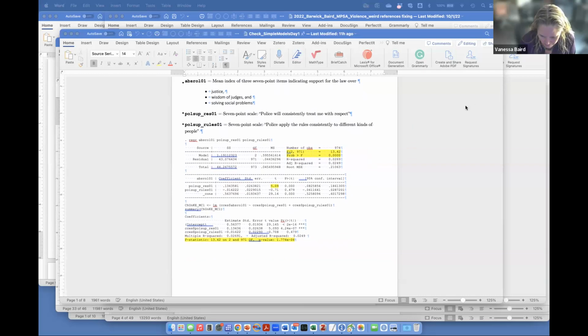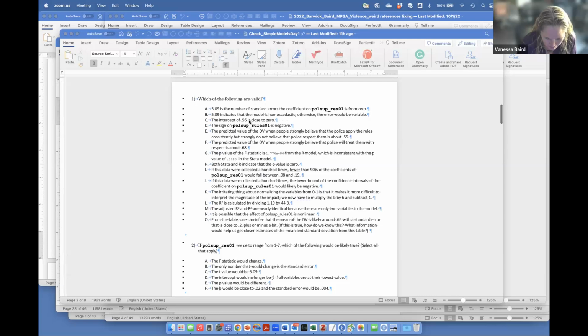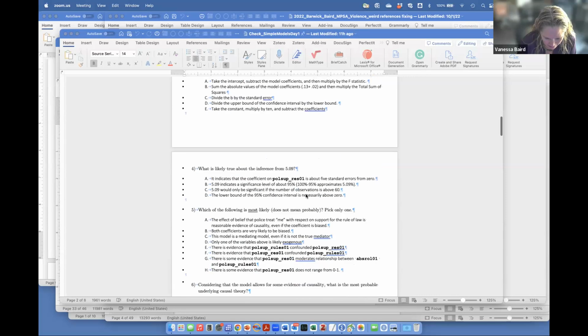All right, so I've got some regressions, and then some things where I'm pointing out, okay, which of the following are valid? They're each yes or no, valid or not valid. So there's some select all that apply, and then there's ones that are just one answer.